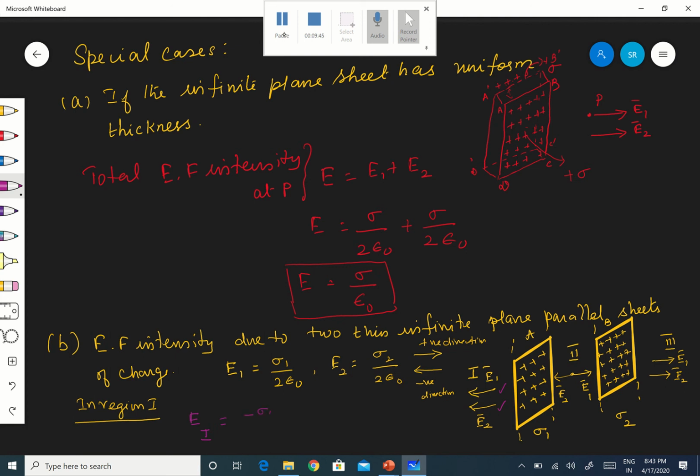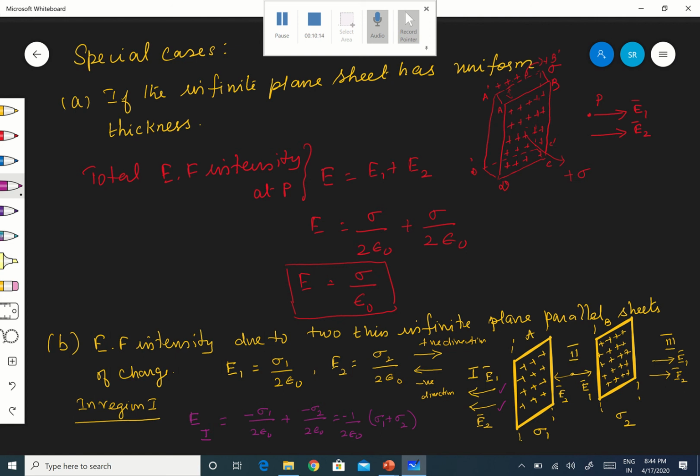Therefore, minus sigma 1 by 2 epsilon naught, and both in the same direction, so minus sigma 2 by 2 epsilon naught. That is equal to 1 by 2 epsilon naught, minus of sigma 1 plus sigma 2.